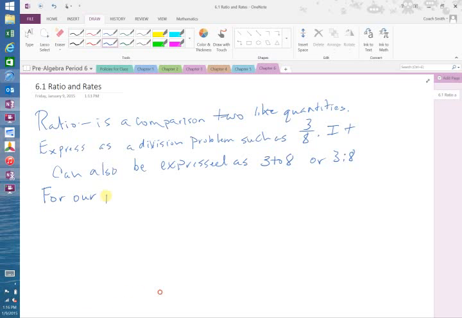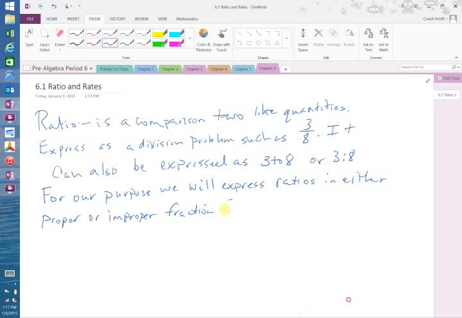For our purposes, we will express ratios in either proper or improper fraction form in lowest terms.